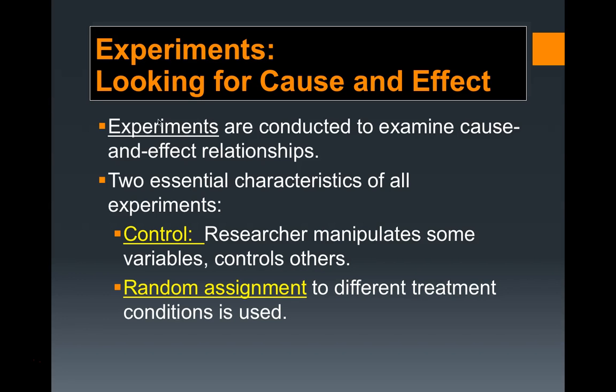Now, if we just let people arbitrarily say, okay, you go in this group, you go in that group, and we didn't do this randomly, like pick numbers out of a hat and assign them to people, or use random number tables or a computer-generated list of random numbers, we wouldn't know if there were systematic differences in the groups that existed before the experiment began, and that could be a potential causal factor in our results.